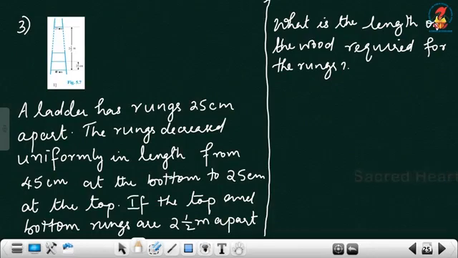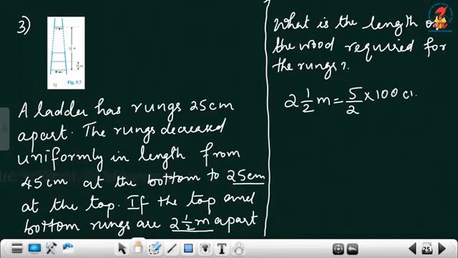For that, we need to find the number of rungs first. It is given that top and bottom are 2.5 meter apart. This is 2.5 meter, but all other things are given in centimeter. So 2.5 meter means 5/2 into 100 centimeter, which is equal to 250 centimeter.